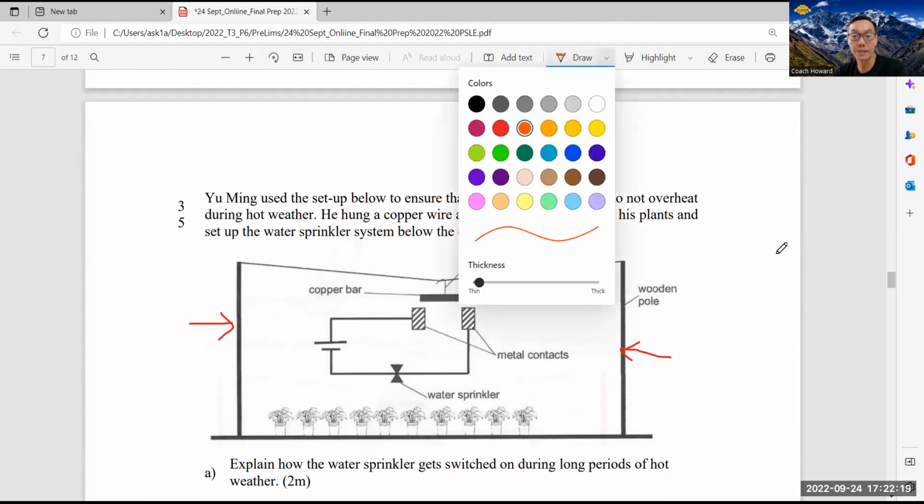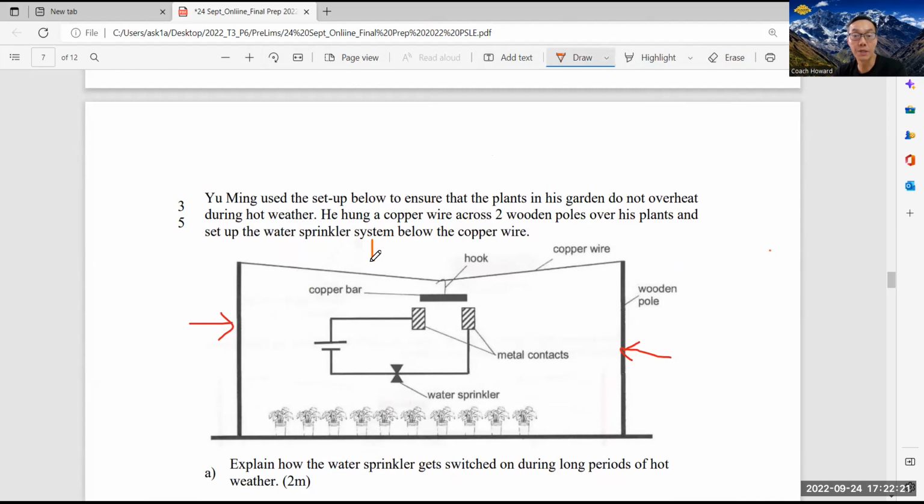Okay, number one, when the weather is hot, you can draw the heat from the sun heating up this copper wire. So copper wire, because it's thin, will gain heat and expand easily, so it becomes longer. As it becomes longer, there's a copper bar, there's a weight there.